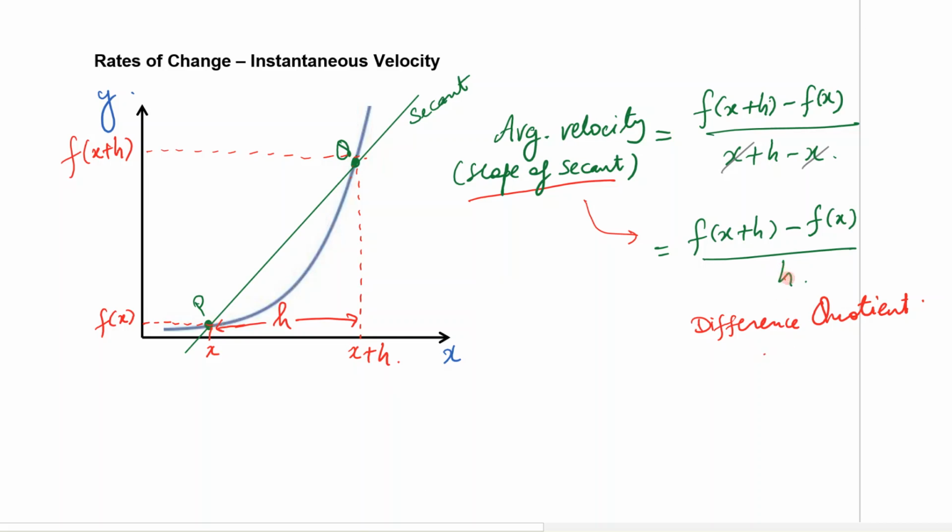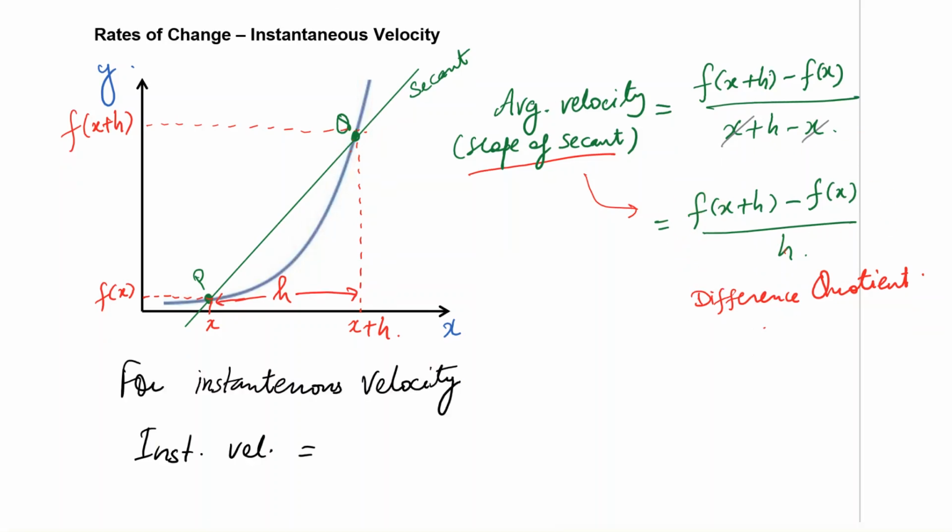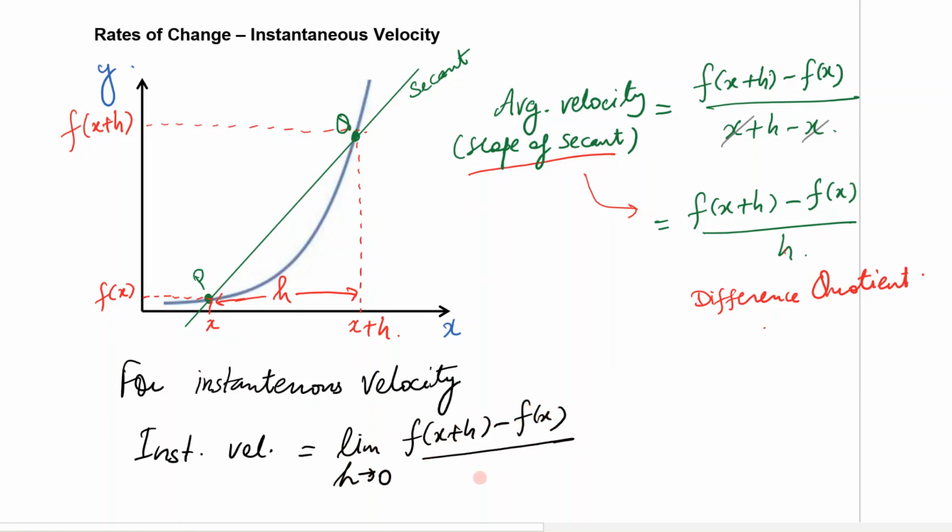So h must be approaching 0. For instantaneous velocity, we can take the limit as h approaches 0 of this difference quotient: limit h approaches 0 of f(x plus h) minus f(x) over h. This is our slope of tangent.